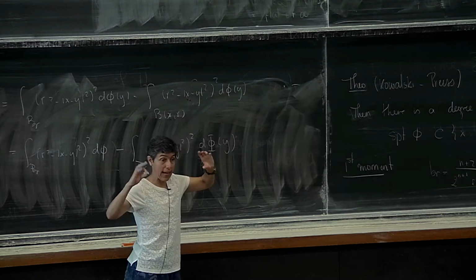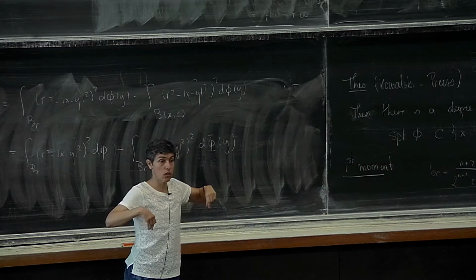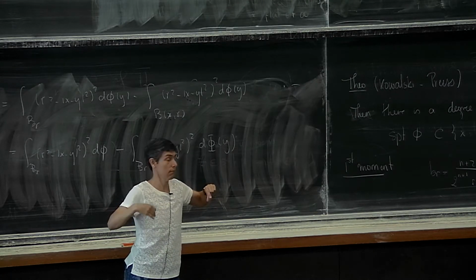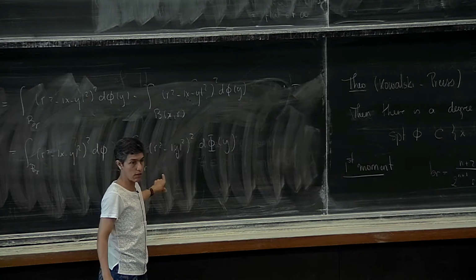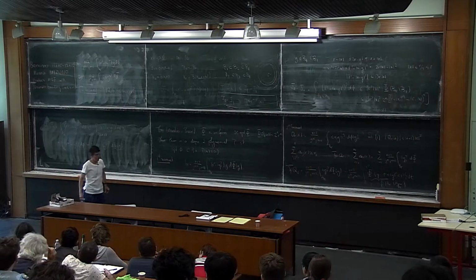But x is in the support, and 0 is in the support. And this is the ball of center 0 and radius r. So that's why it's the same.